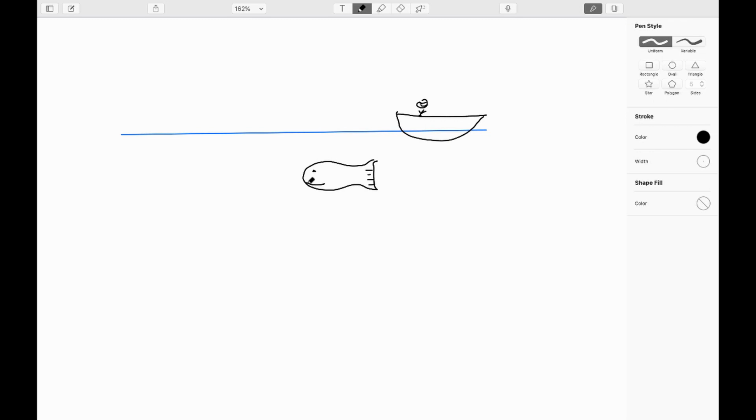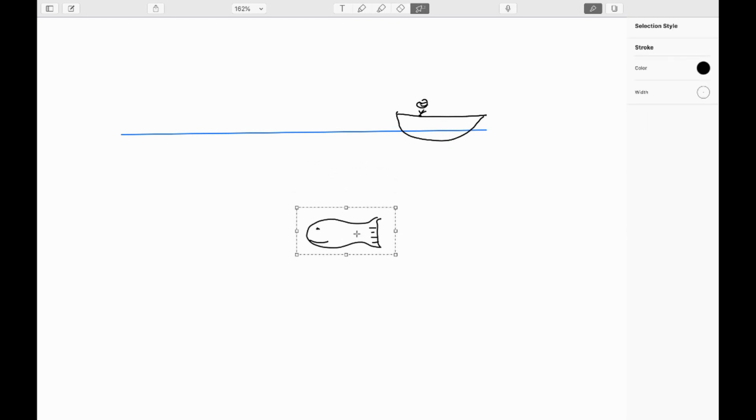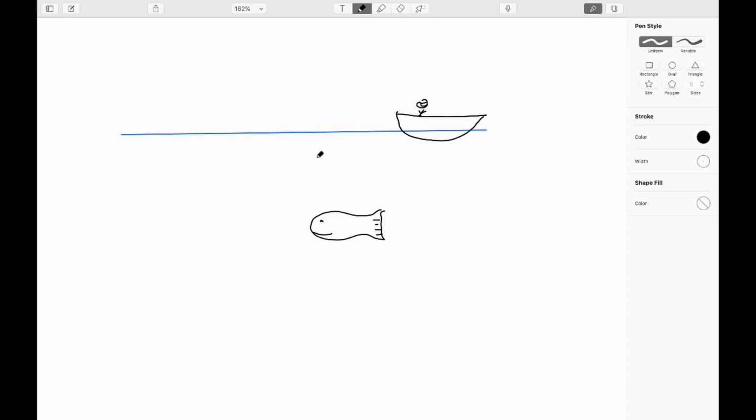Now, anyone who's ever looked at a fish in water will remember that the fish doesn't ever seem to be at the depth the fish is actually at. It always looks like they're sitting higher than that.